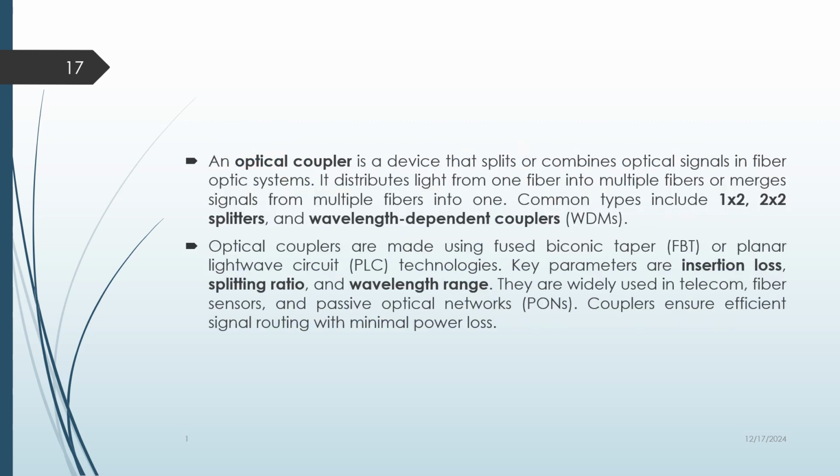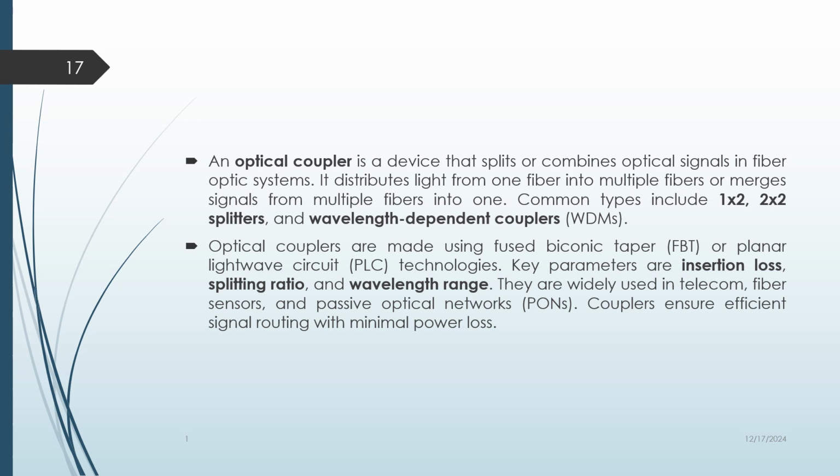An optical coupler is a device that splits or combines optical signals in a fiber optic system. It distributes light from one fiber into multiple fibers or merges signals from multiple fibers into one. Common types are 1x2 and 2x2 splitters and wavelength dependent couplers.